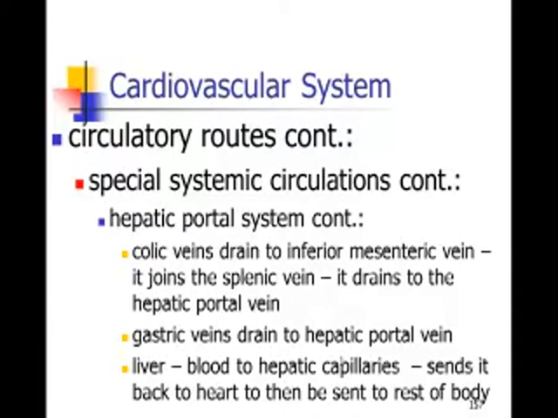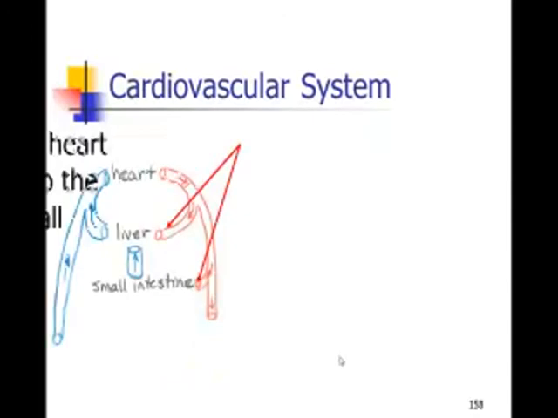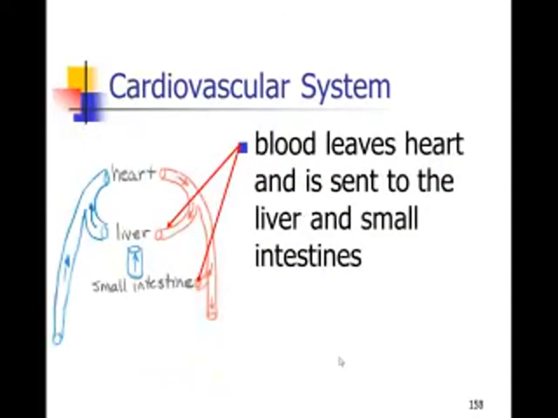So we use our liver, and we'll talk about this in the digestive system, the liver is basically a management organ that manages the contents of the blood.